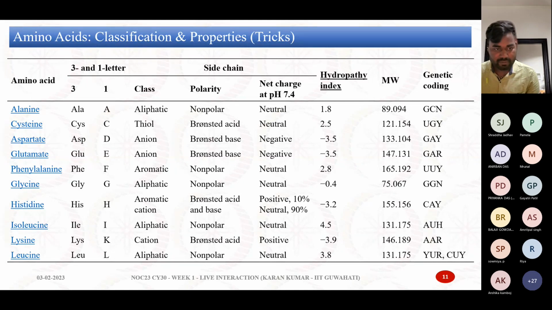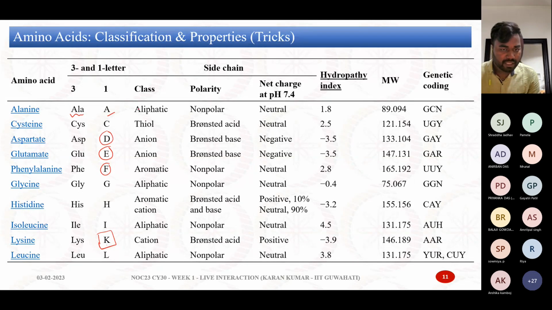The 20 standard amino acids begin with alanine, abbreviated as ALA in 3-letter code, and in 1-letter code it is A. The things you need to remember are only these: aspartate is represented by D. Glutamate is represented by E. Phenylalanine is represented by F. Now all the others follow their initials, but you can see here lysine is represented by K.